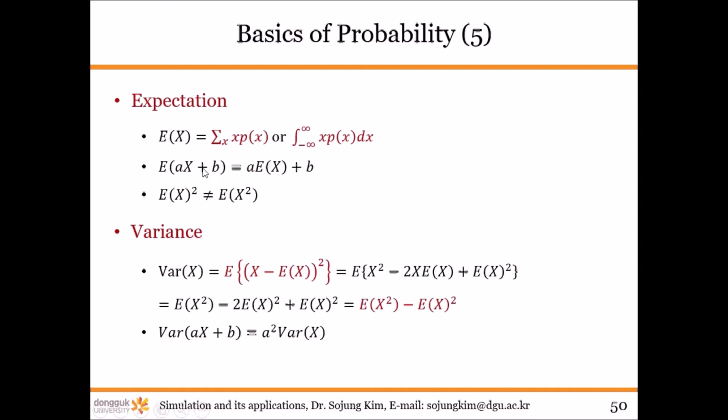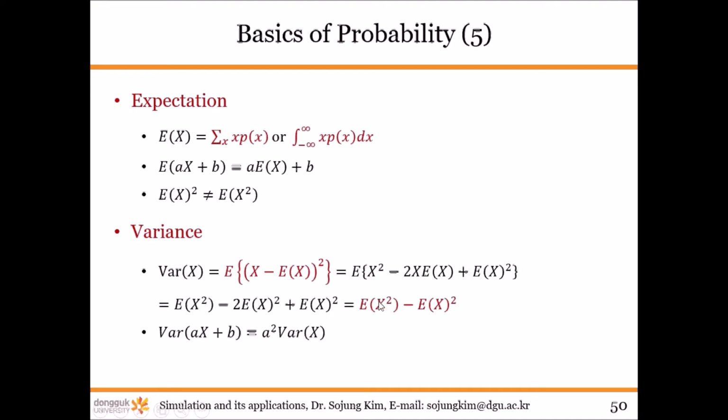Also, if you add a constant, then also you can take this out, right, from this function. And also the square of the E[x] is different from the expectation of x square, so you need to know this, right? And based on this, basically you can calculate the variance, right?